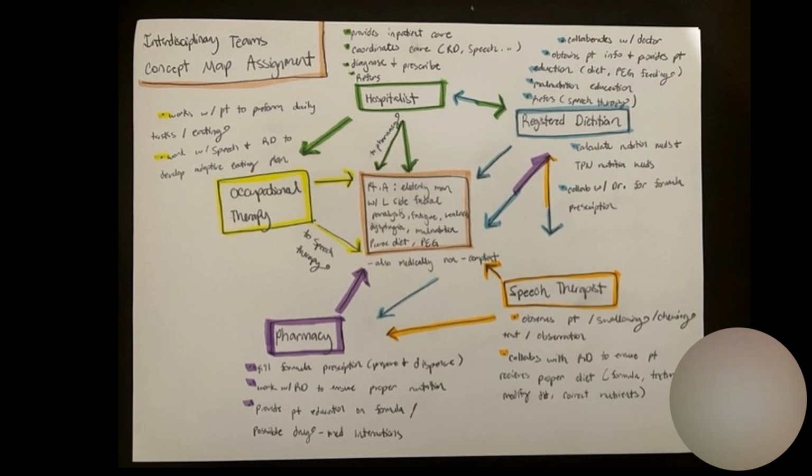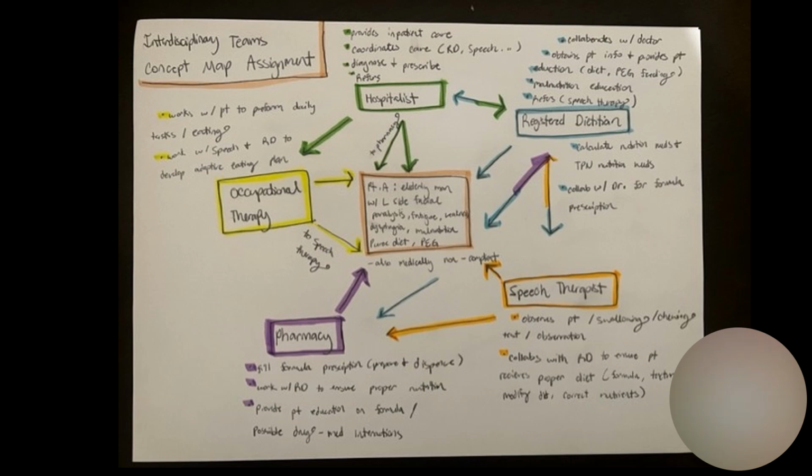The registered dietitian could also recommend or refer the patient to a speech therapist, largely based on the diagnosis of the dysphagia and malnutrition. The speech therapist would observe the patient and do a swallowing chewing test to observe the dysphagia and trouble swallowing, also taking into consideration the left side facial paralysis, weakness.